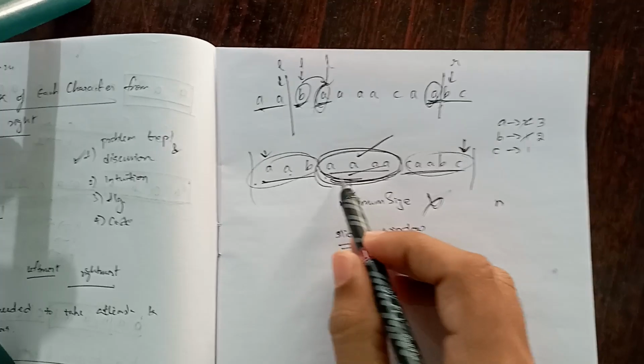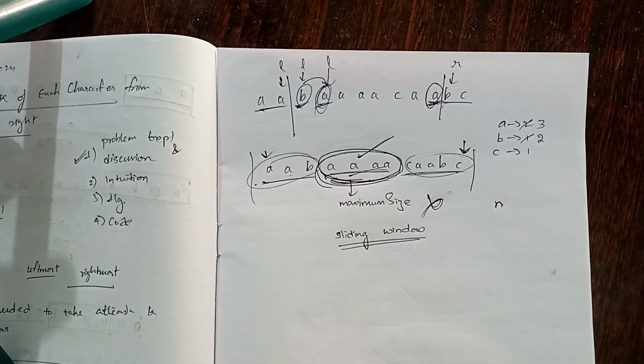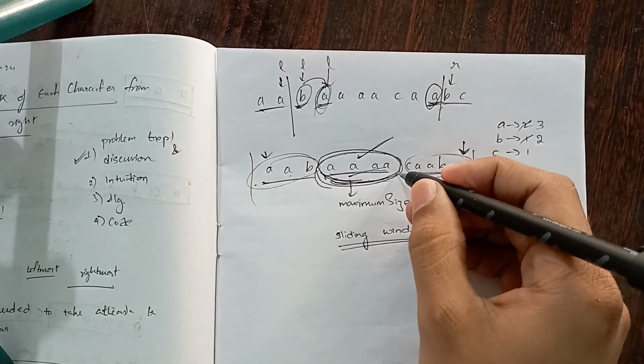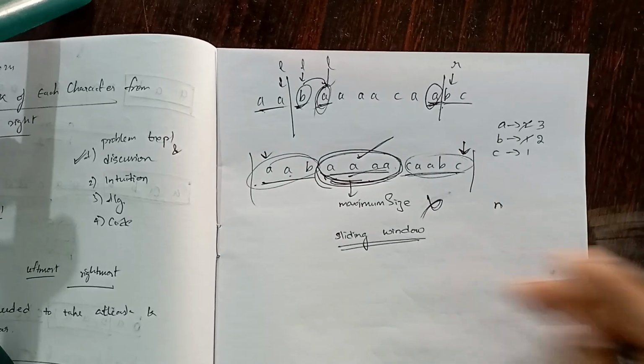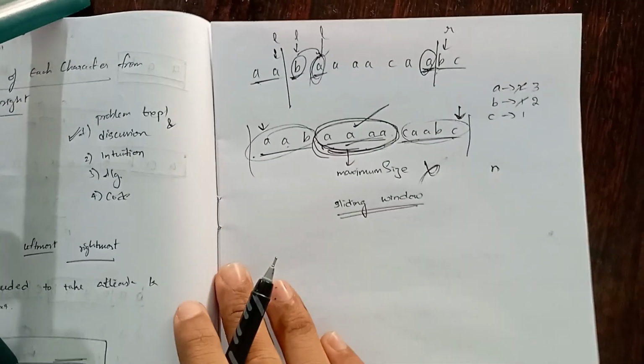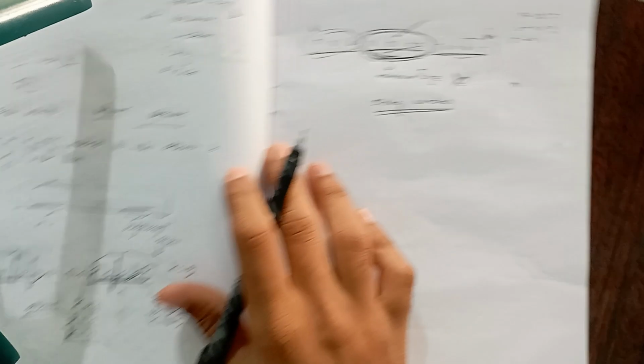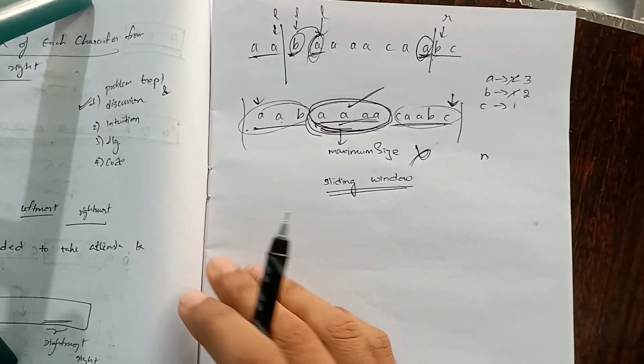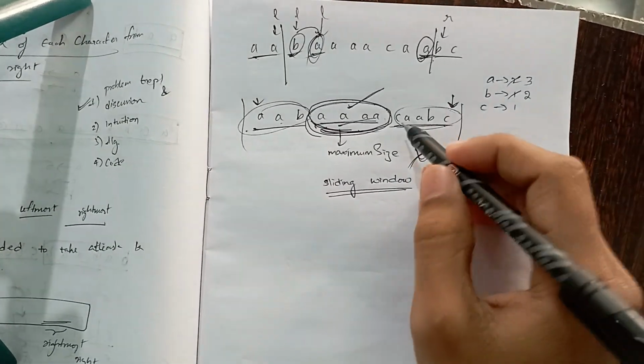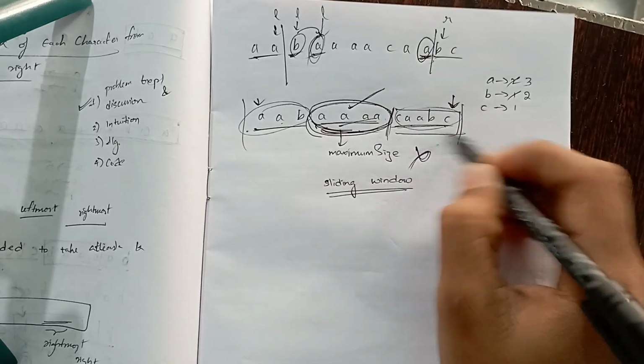So how do you find this middle substring? If you see clearly here, we don't have any element exceeding k in these two substrings.